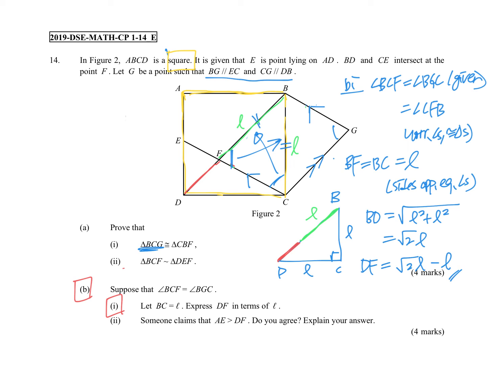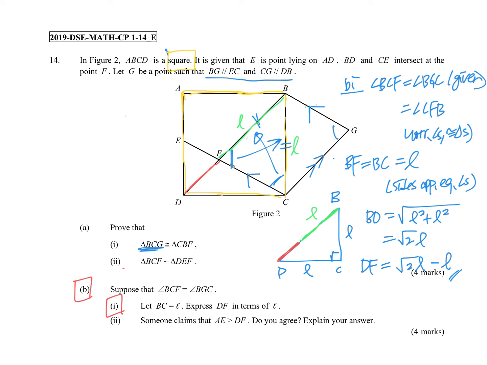So that means actually the two sides opposite will be equal. That's why we put BF equals BC equals L, because of sides opposite equal angles.